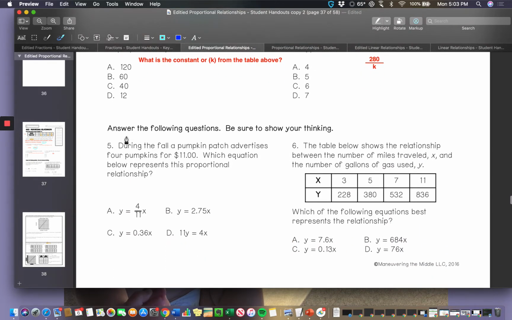All right, number 5 says, answer the following questions. Be sure to show your thinking. During the fall, a pumpkin patch advertises 4 pumpkins for $11. Which equation below represents this proportional relationship? So, if I have to figure this out, I'm going to want to figure out what my constant is.